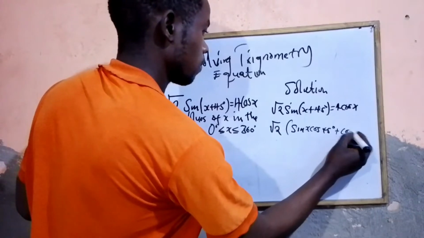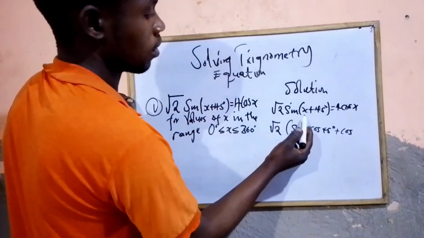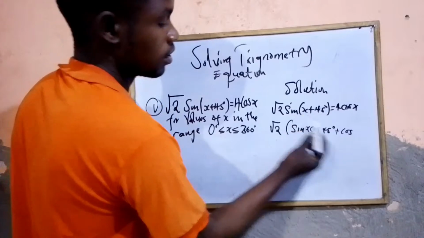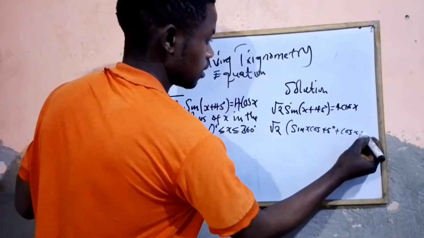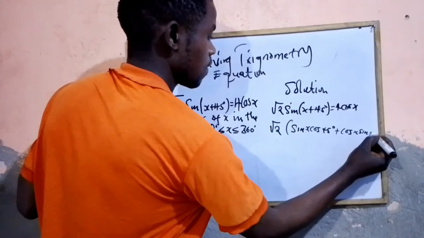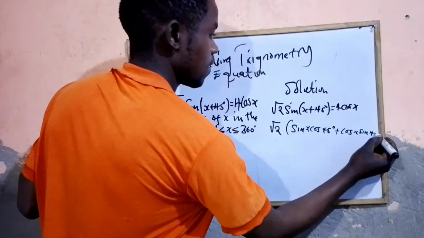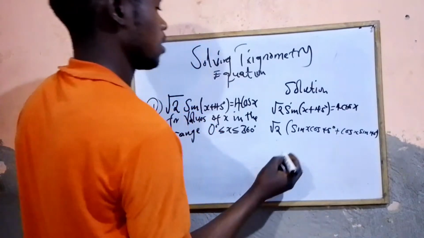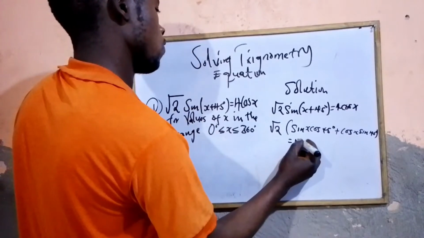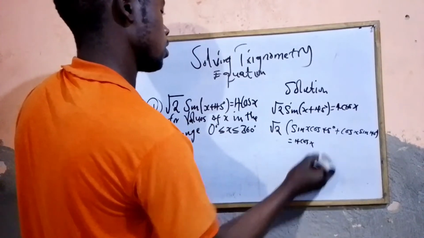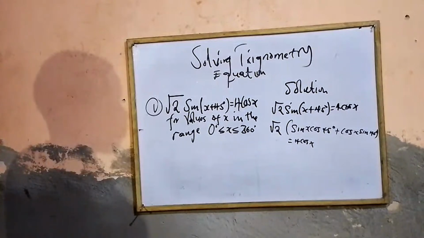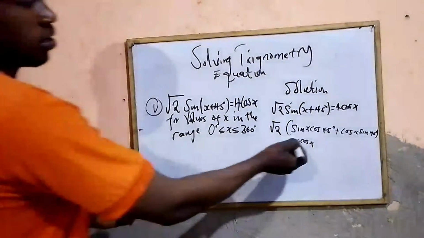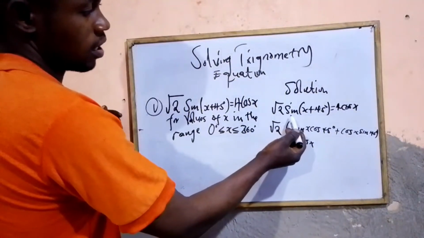Then cos gets the first letter, x, then sine 45 degrees, which should equal 4 cos x. If you've already done multiple angles, it will be easy to understand what sine open bracket x plus 45 is.